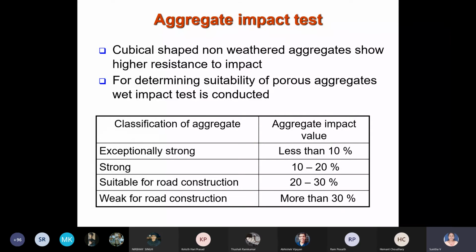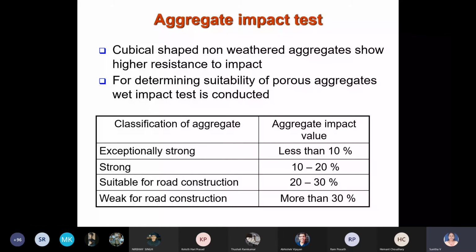If an aggregate is to be used for the construction of a road and the aggregate impact value is very low, it means the aggregate is strong.